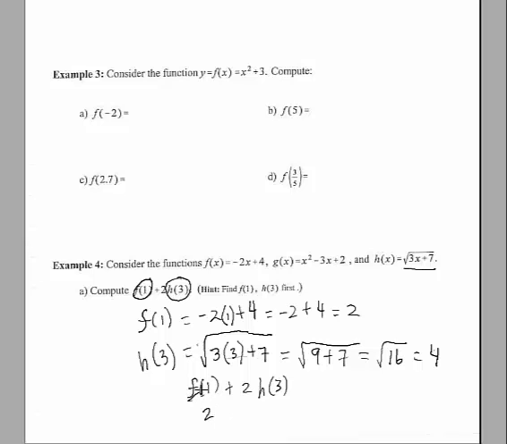We replace that whole function notation with a 2. Then 2 is a part of our expression, and all of h of 3, this whole notation, gets replaced by 4. And so now we just apply the order of operations. 2 plus 2 times 4 is 8, and 2 plus 8 is 10.